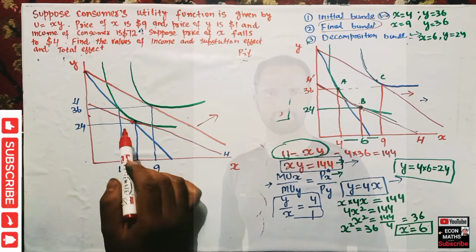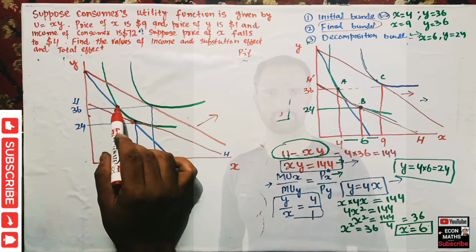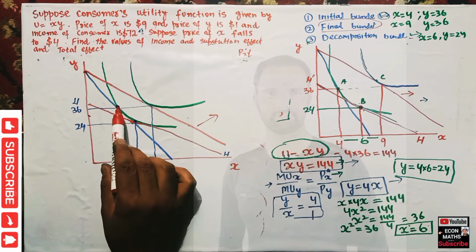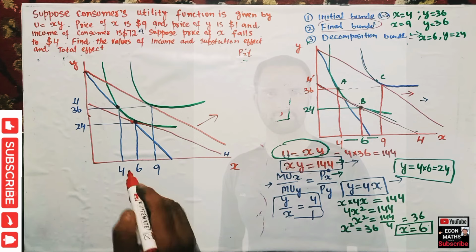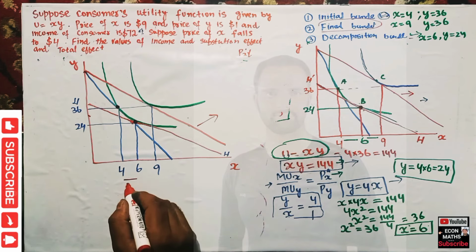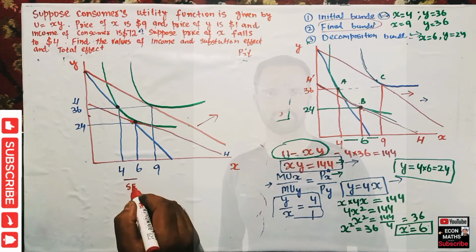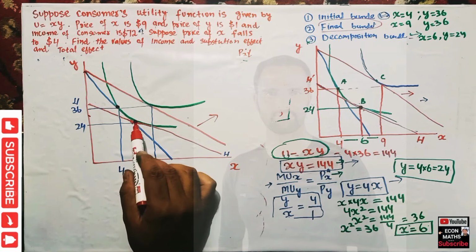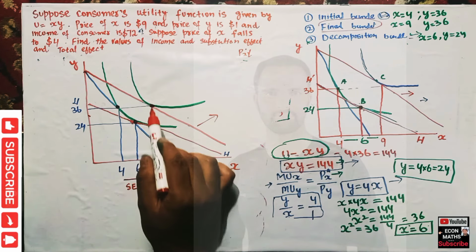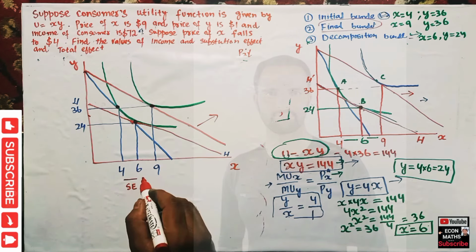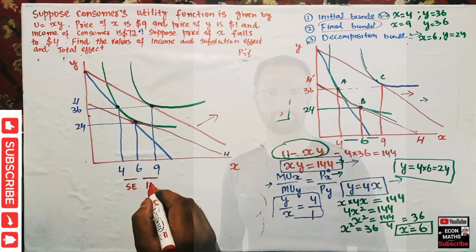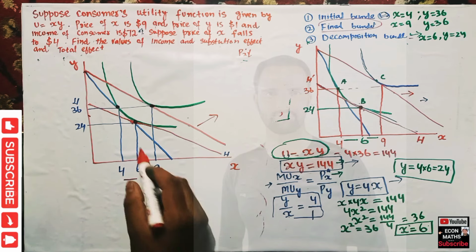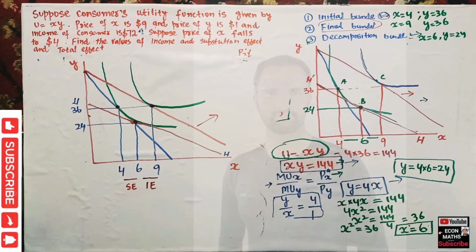The consumer's movement from this point to this point is called the substitution effect, and the movement from this point to this point is called the income effect. We need this decomposition bundle to differentiate between the two.